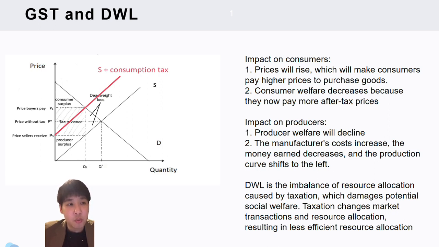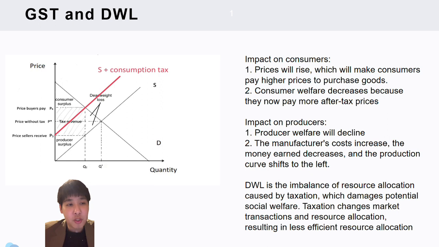The second one is that when the consumption tax increases, the factory costs increase, then naturally the money earned decreases. The unhappy factory then decides to reduce production quantity, and the supply curve moves to the left. At this time, the new equilibrium point will move upward and the price will increase to PB.